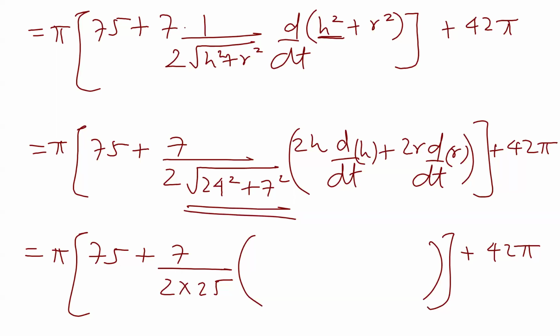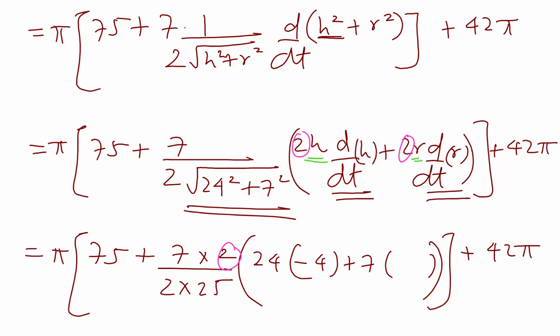What I will do is take this 2 common outside the round bracket. Now h is 24, dh by dt in the problem is minus 4, r is 7, and dr by dt is 3.